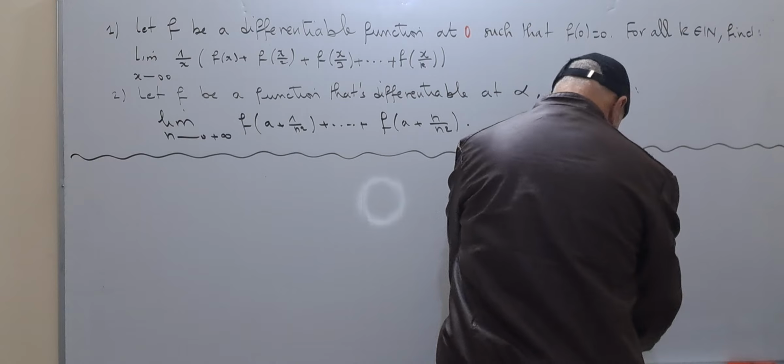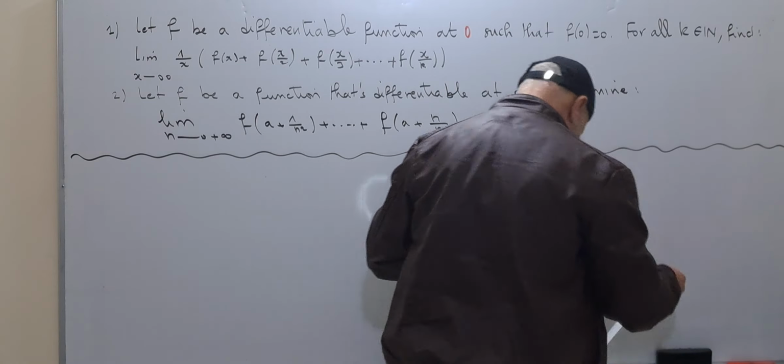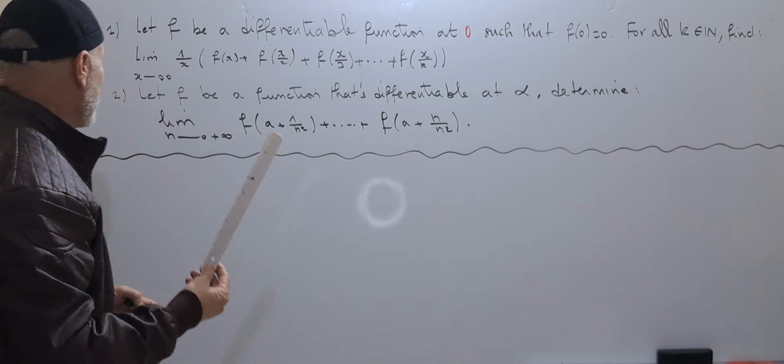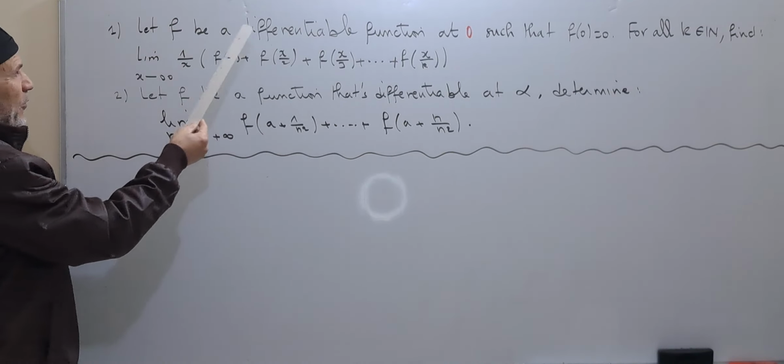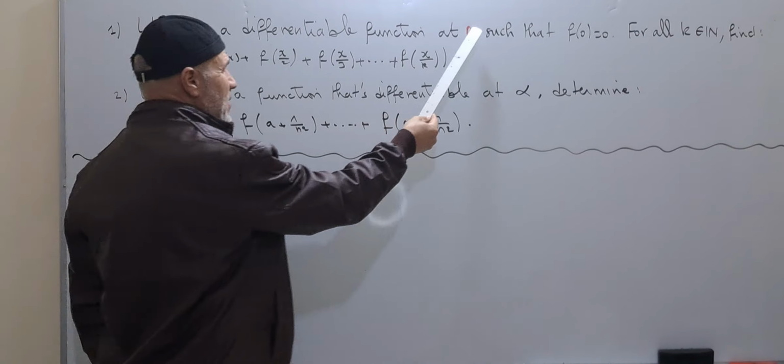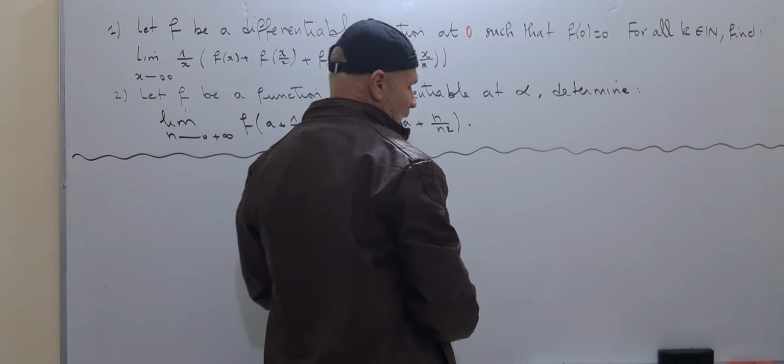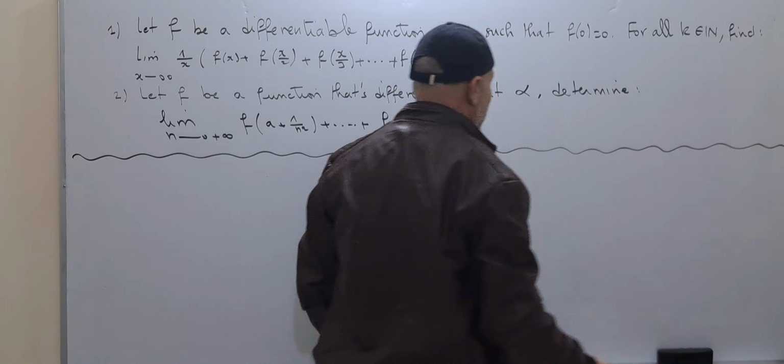Hello everybody. This is a new video about differentiable functions. The first question or exercise: let f be a differentiable function at 0 such that f of 0 equals 0.